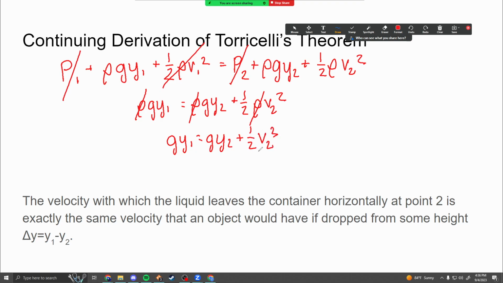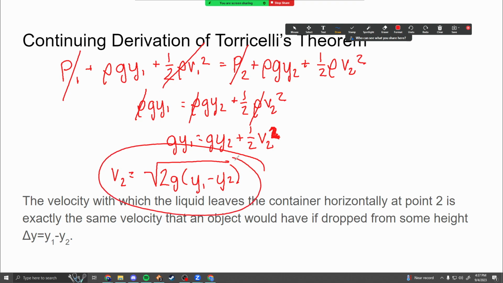And we're trying to solve for the velocity squared. My pen is acting up. We're solving for the velocity at which the fluid, in this case the water, is going to be leaving the container at that point. So we could say, okay, V2 is then equal to the square root of 2g times (y1 minus y2).